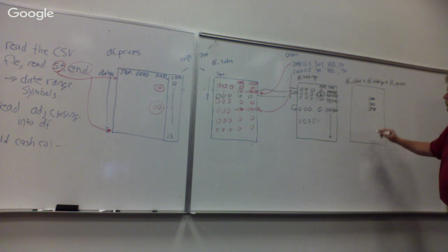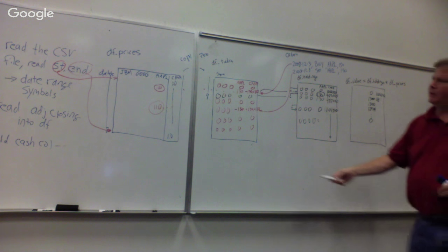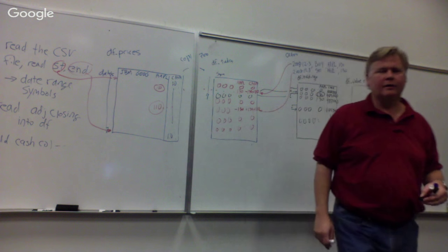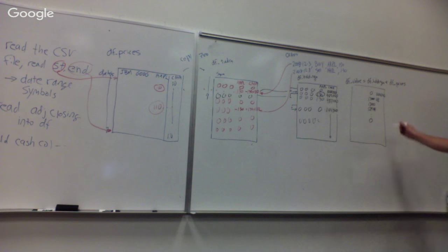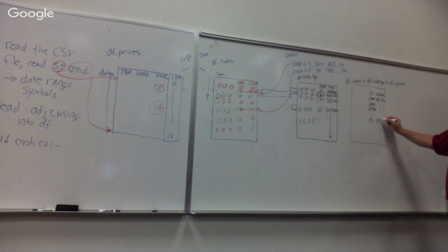And so on, until we exit it and we're back to zero. Our cash doesn't change according to price, because the price of cash is always 1. It just changes according to trades that you make.